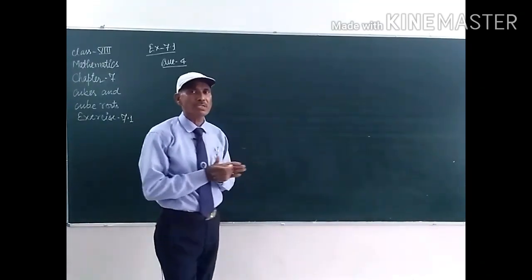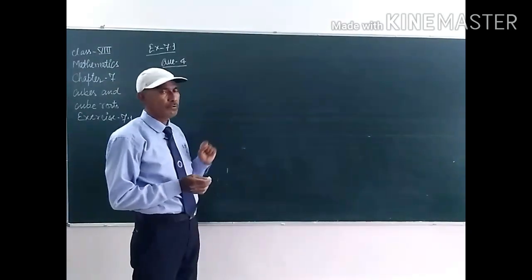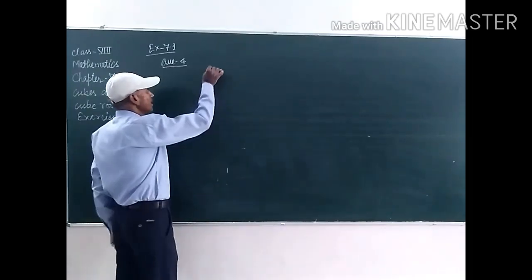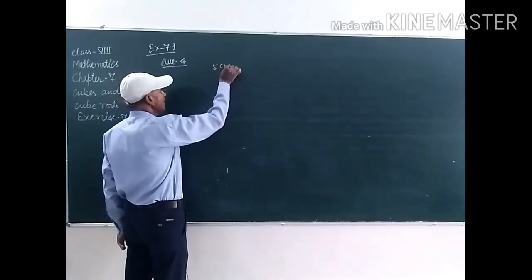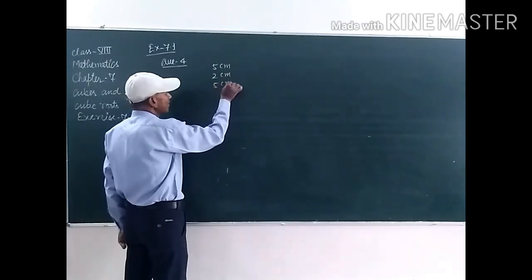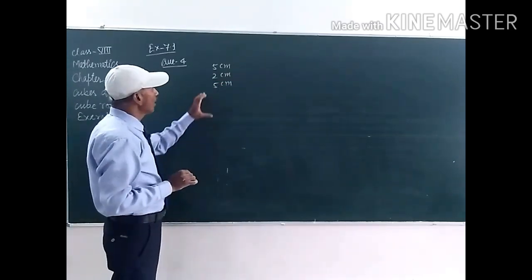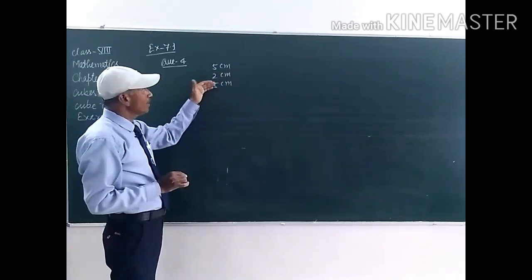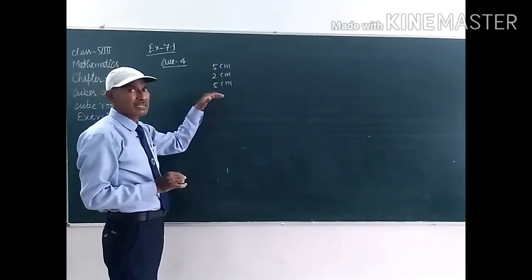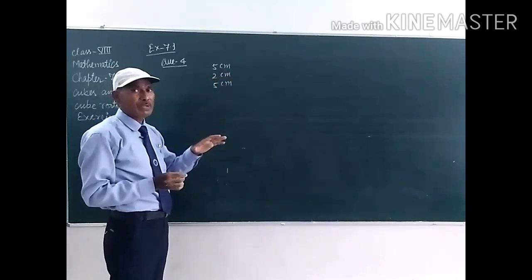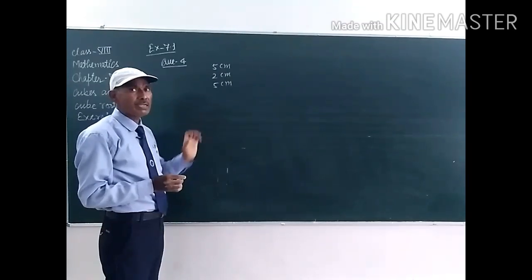So in this question, student, question number 4, the dimension of the cuboid is given, that is 5 centimeter, 2 centimeter and 5 centimeter. Clear? This one is a cuboid, student. We need same type of cuboids to make it a cube. So how many cuboids will be needed to make it a cube?